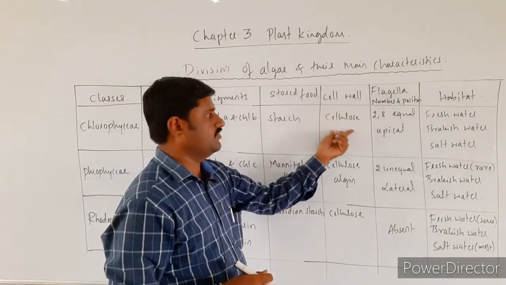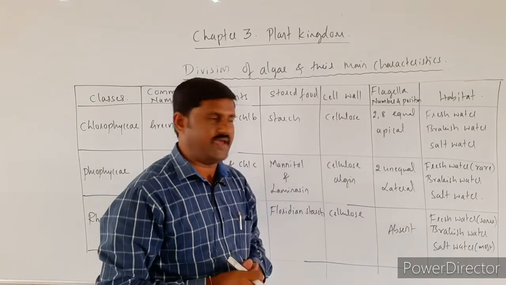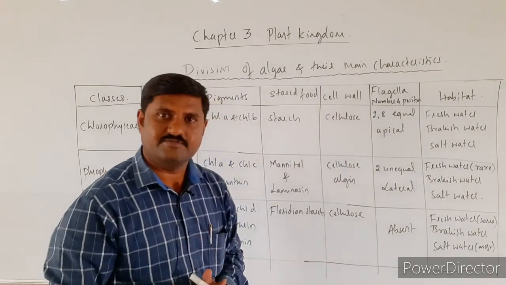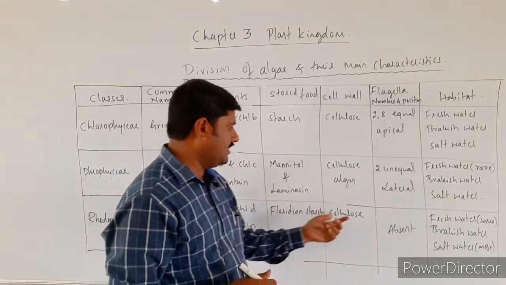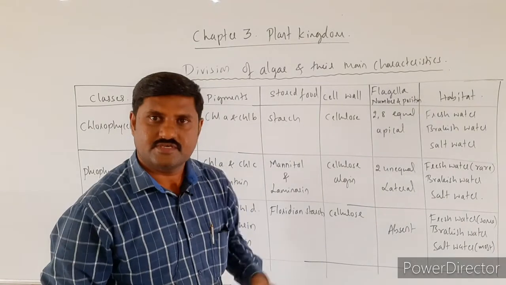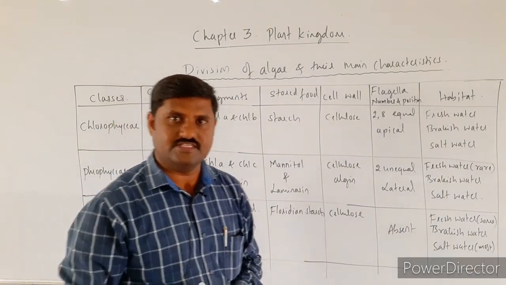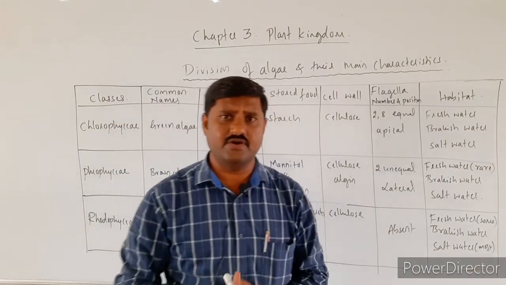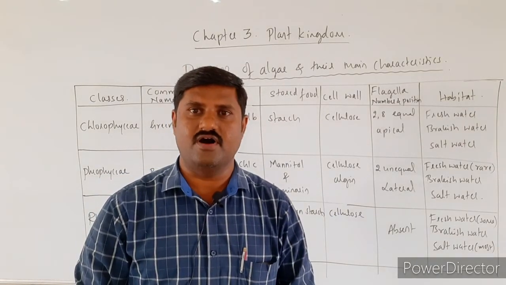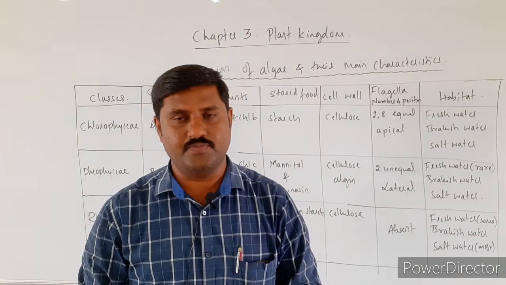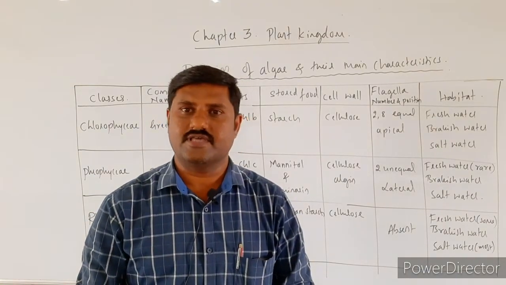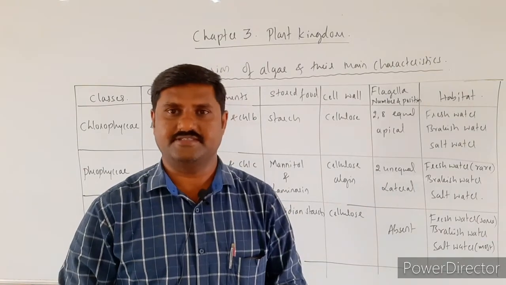Cell wall composition: cellulose and pectin in green algae, cellulose as well as algin in brown algae, and cellulose in red algae. Along with this, polysaccharides like agar, carrageenan, etc. are also present in the cell wall.